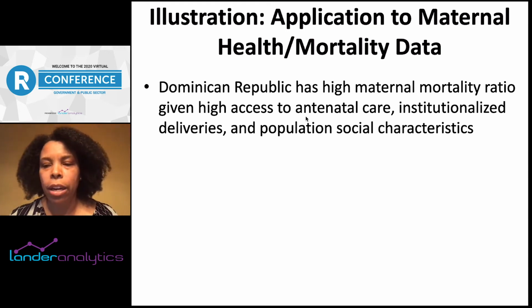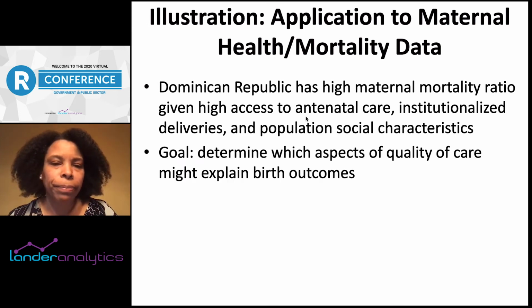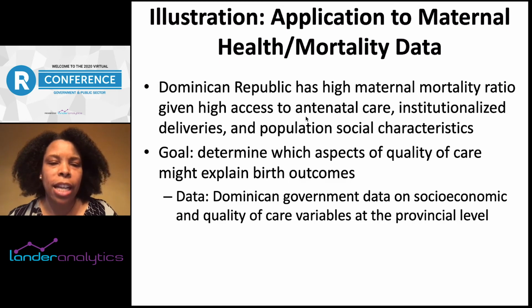And so here we are considering an example where we have collected data across various provinces in the Dominican Republic, and we're interested in understanding various aspects about maternal health and birth outcomes.